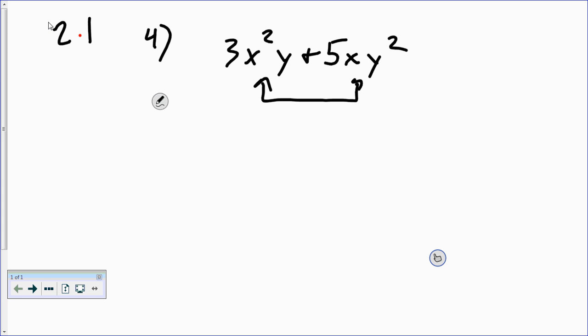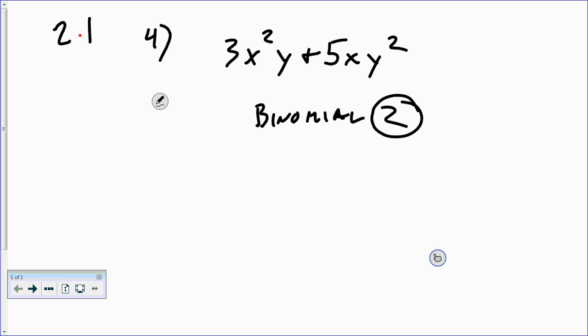I have x squared on this one, x to the first power on this one, and likewise y to the first power over here, and y to the second power over here. So we can't add these. Make sure you simplify first. But again, this is a binomial. That's going to be answer number 2 on your paper, and this will be to the second degree. They're both to the second degree.